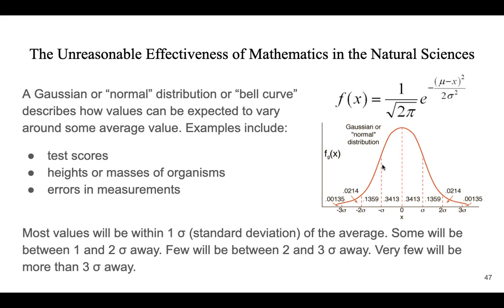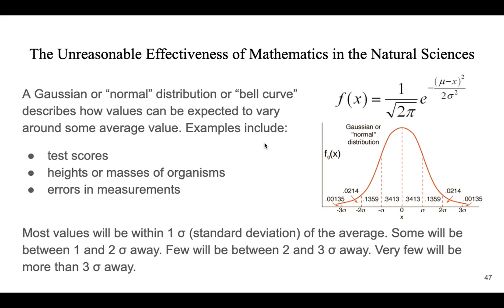You remember I also talked about this stuff. This is the bell curve, the Gaussian distribution, the normal curve. You see this all the time in statistics. Anytime you're measuring something and you expect there to be an average result, but some random variation one way or the other, this is the kind of distribution you're going to get.